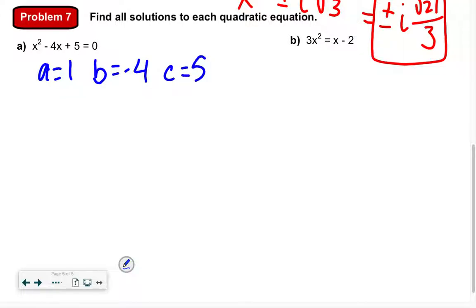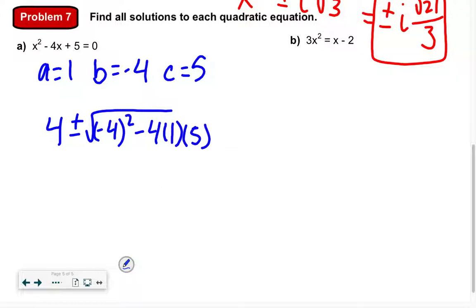Please tell me that looks familiar. You guys remember the quadratic formula? Okay, negative b. So I got 4 plus or minus square root of b squared minus 4 times a times c all over 2a.